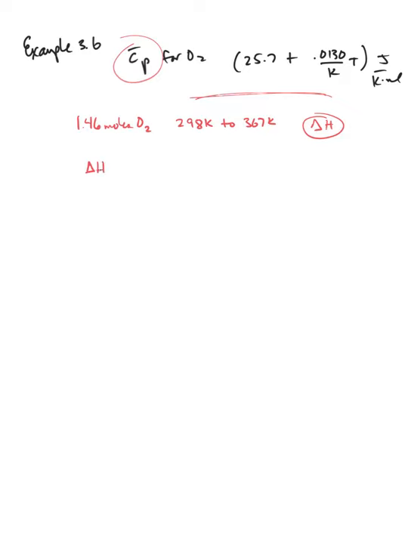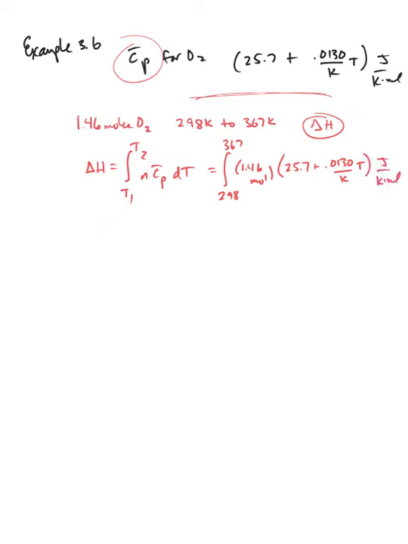So delta H is equal to the integral T1 to T2 of n Cp bar dT. And my range here, I've got 1.46 moles. Then I've got my polynomial, 25.7 plus 0.0130 over Kelvin times T, joules over K dot mole.